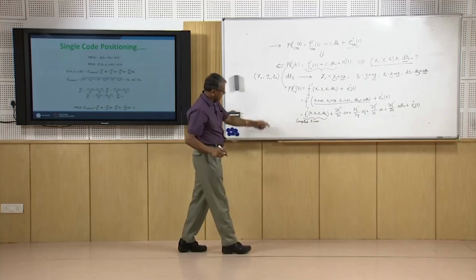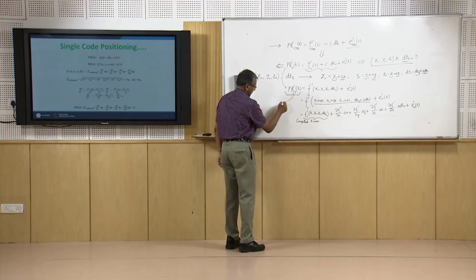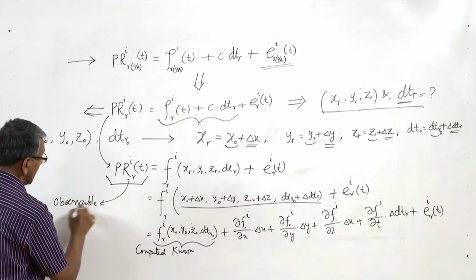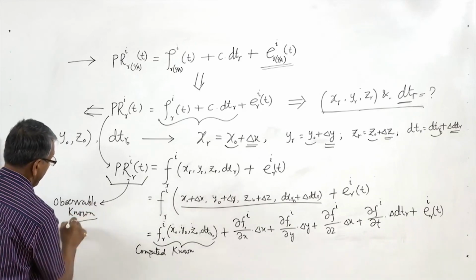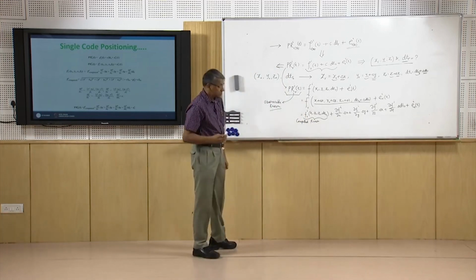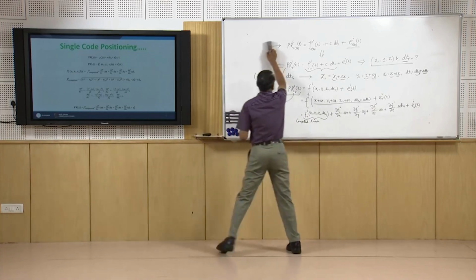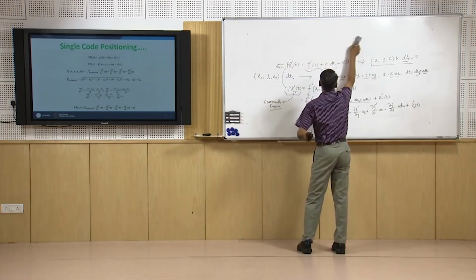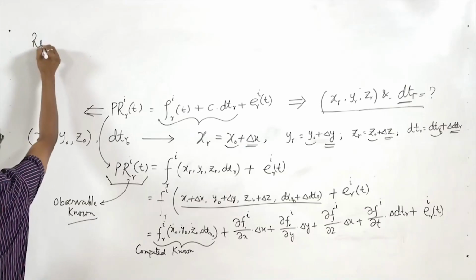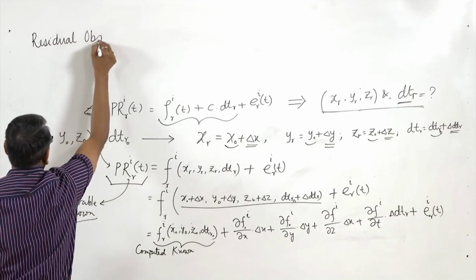Now you can see that this is the value which is also available from observable, that is also known, and this is the value which is computed known. So this minus this we can do, that is known as the residual observable.